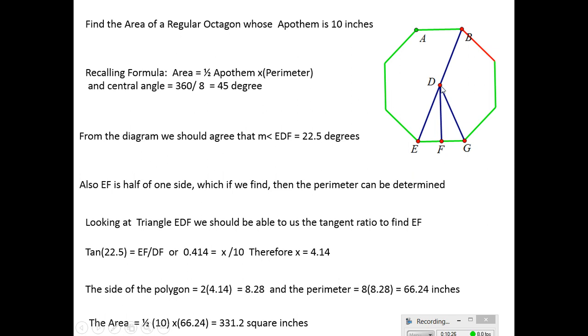Again, look at this. Look at the angle. Look at the triangle formed with the central angle, which is right here, EDG. The central angle is 45, 360 divided by 8. Drawing the apothem right here, we use trigonometry to find the length EF. The tangent of this angle, 22.5, is EF over the apothem value of 10.